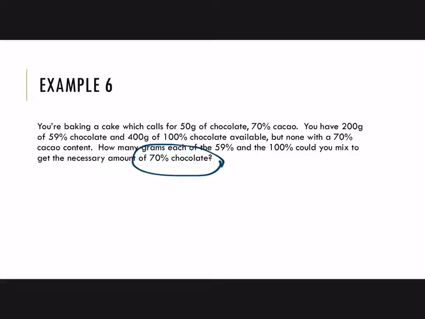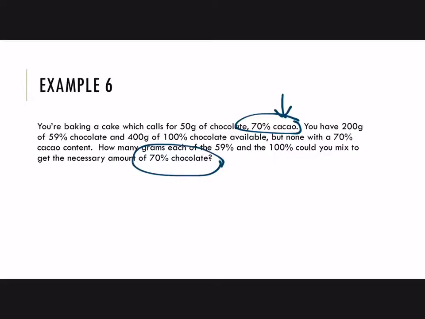If you're not familiar with cacao, basically a chocolate bar is a combination of pure cacao and then usually sugar and maybe some other things like flavoring to kind of hold everything together. So this percent of cacao versus the sugar describes how sweet the chocolate is.